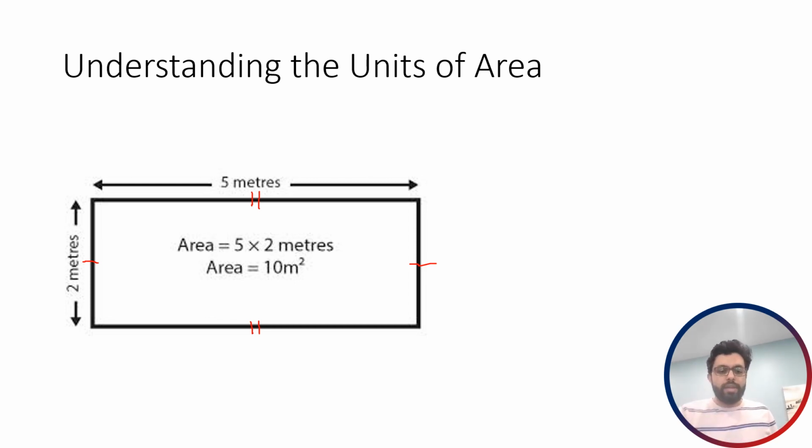So if this rectangle has a length across the top of 5 meters, then if I want to cut that up into little squares, I want to separate it into 5 squares that go across so that each square has a side length of 1 meter.